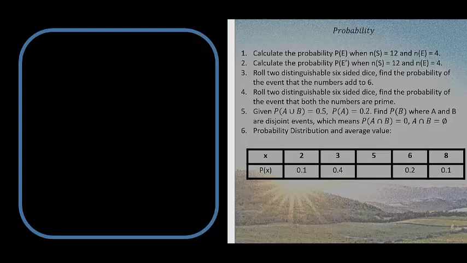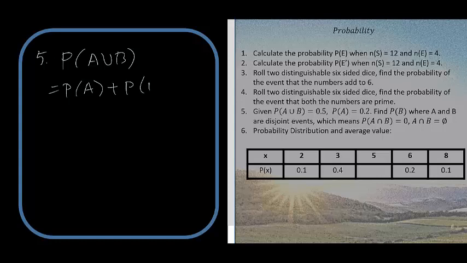So then we know one straightforward formula: the probability of two events A union B will be the probability of A plus the probability of B minus the probability of A intersection B. In this case, we can ignore A intersection B because it is 0.